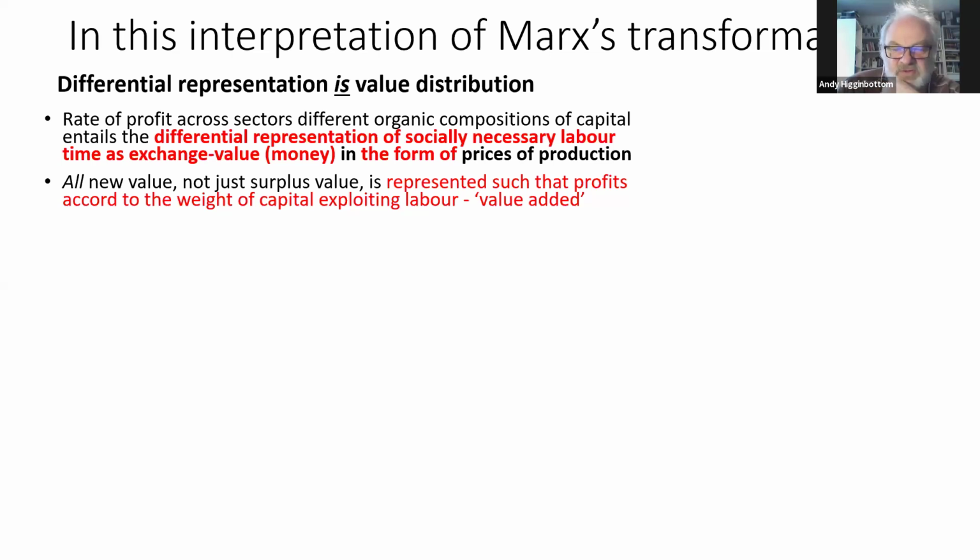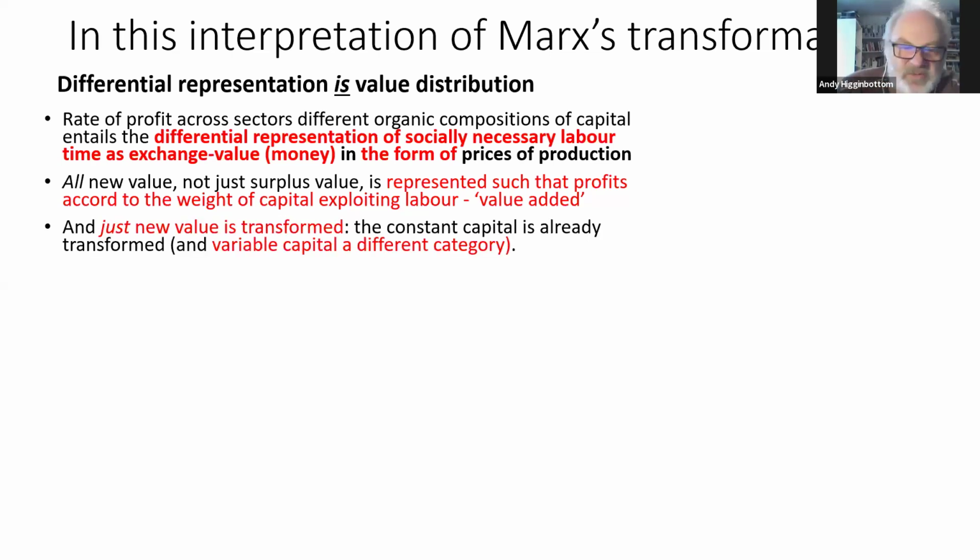That seems a very semantic and minor point, but actually an awful lot lies behind it, because the difference is what agent between capital and labor produces new value. Obviously, Marx's absolute fundamental position is that labor, socially necessary labor, produces new value.